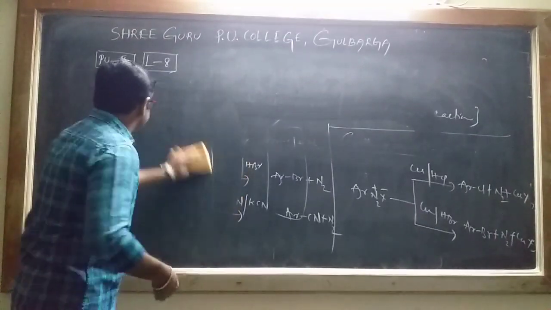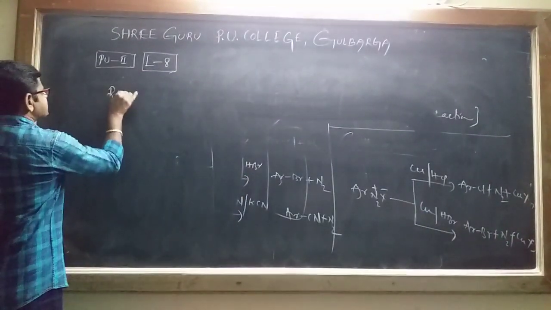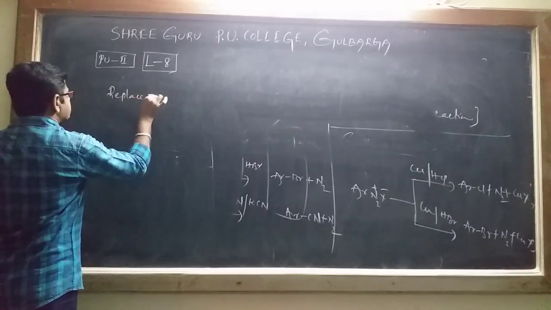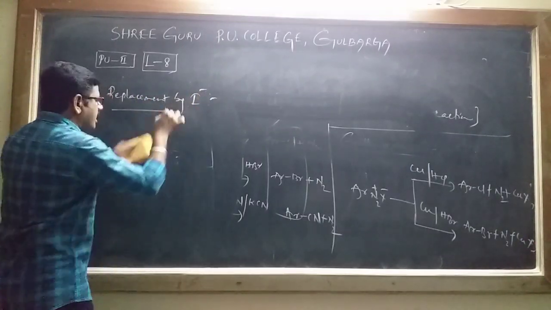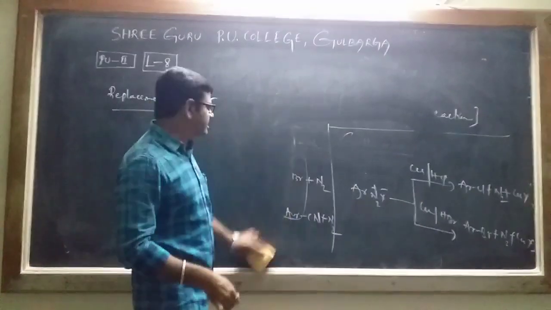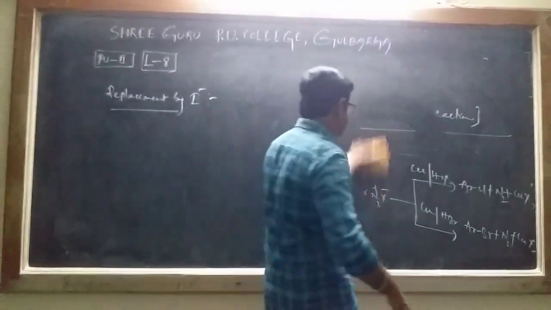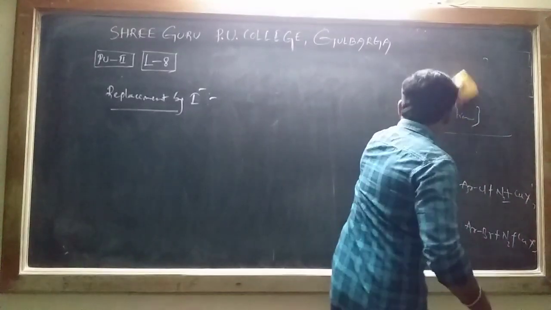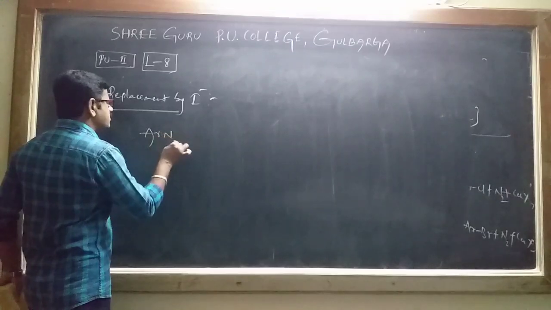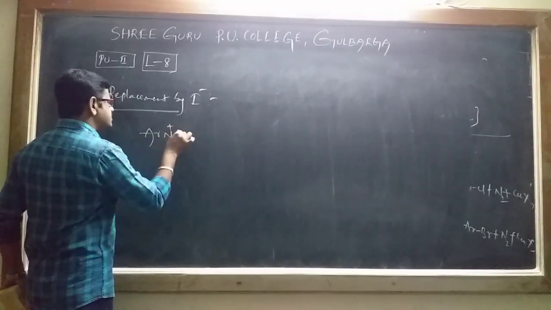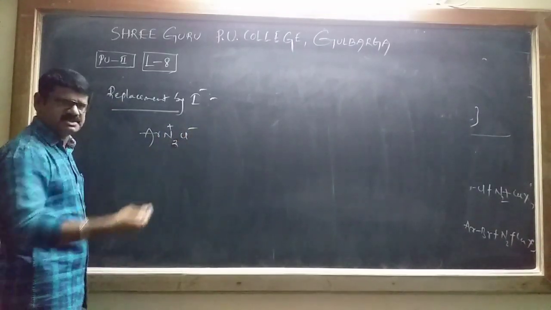Next one is replacement by iodide ion. How iodide is replacing the diazo group we will discuss now. Very simple. Here N2 plus Cl minus, one diazonium salt I have taken.